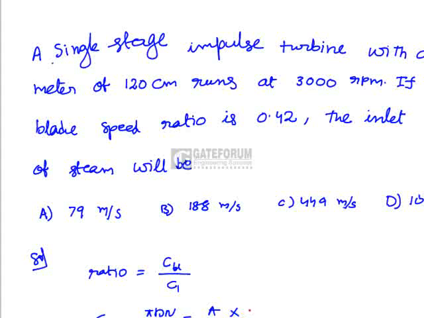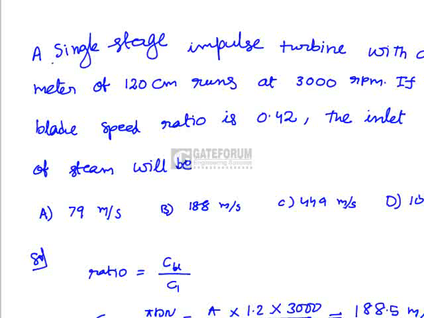Here D is 120 centimeters, that is 1.2 meters, and N is 3000 rpm, which gives a value of 188.5 meter per second.